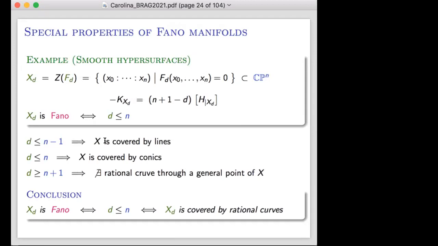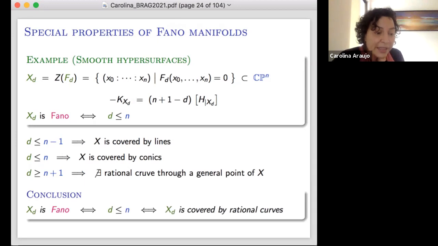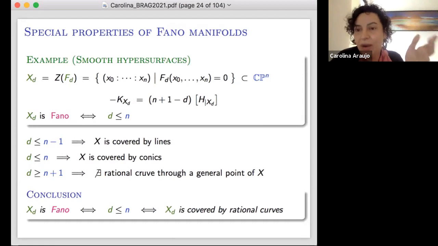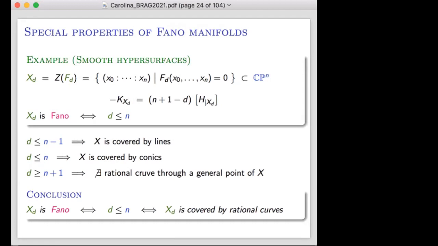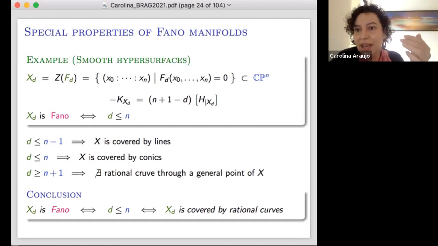Because you consider it has to be in the projective space, but what if you allow the definition to live in a different space? Mm-hmm. Okay, so I agree that this is a too restrictive definition, but maybe it forces the Picard rank to be one. This higher Fano forces that. Exactly. But I agree, maybe.